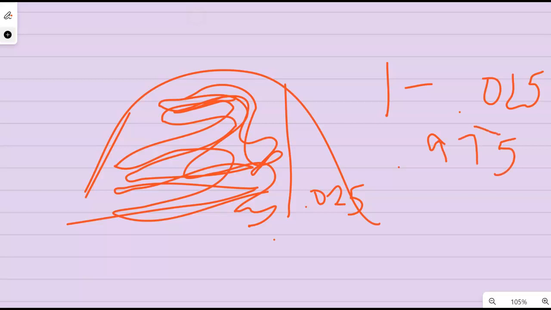So we're kind of going backwards here. We're getting the probability and we're using that to give us the z-score.